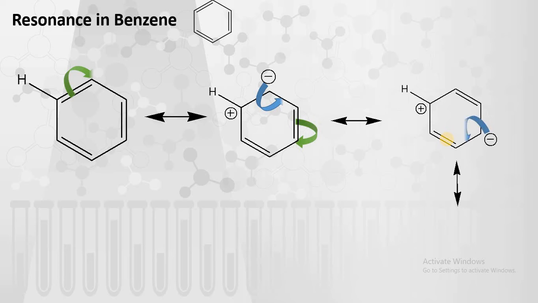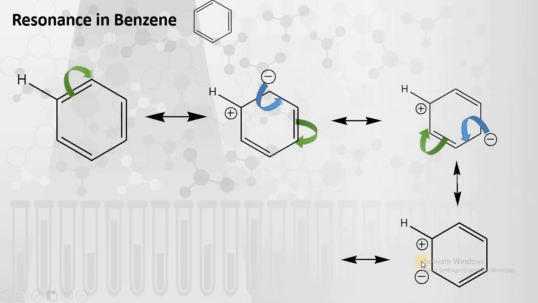So let us see again, this is the bond, and this is again going to break towards this carbon atom. So this is the formation of negative charge here and positive charge as it is.